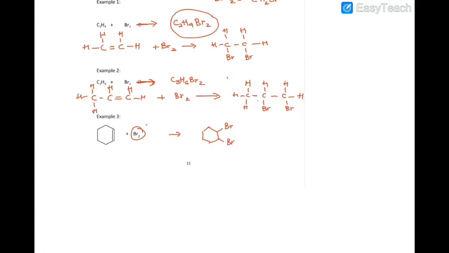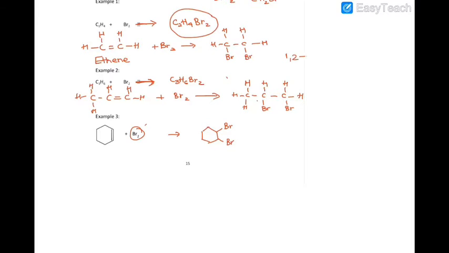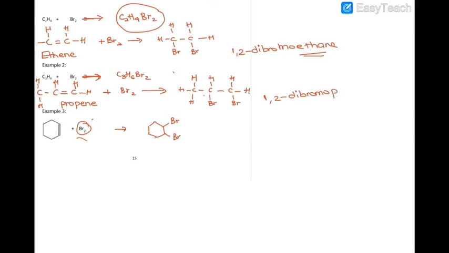let's see the naming of these compounds. This one is ethene, so you add the bromine, so it becomes 1,2-dibromoethane. There's no double bond anymore, so it's ethane. Here you have 1, 2, 3, so propene or 1-propene, and here you end up with 1,2-dibromopropane.